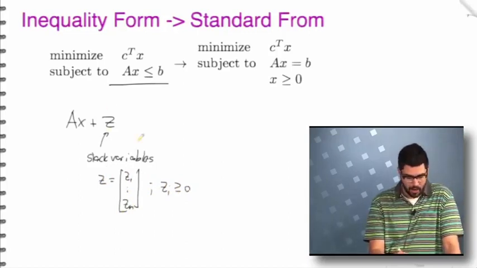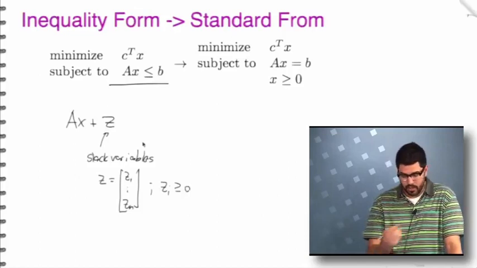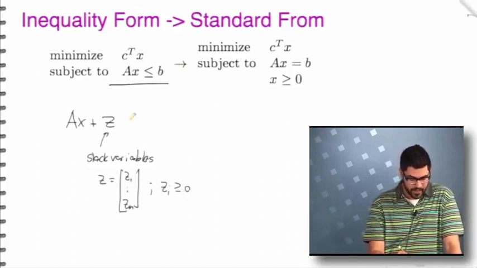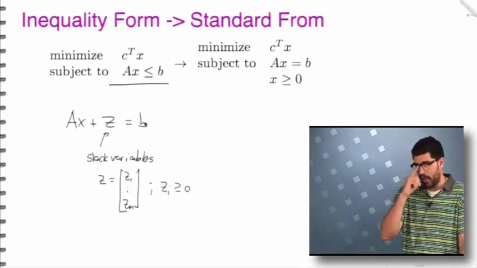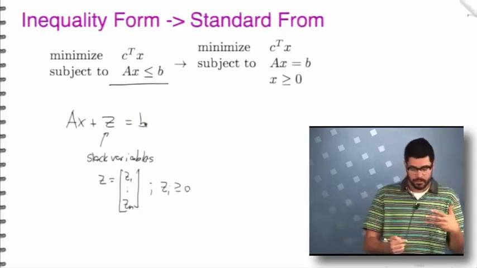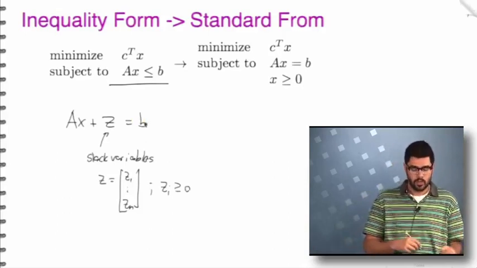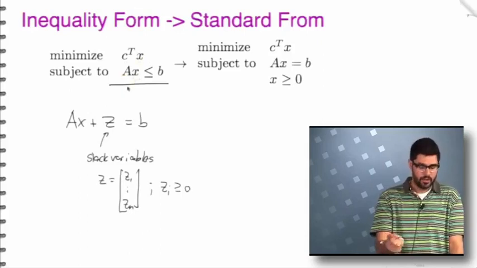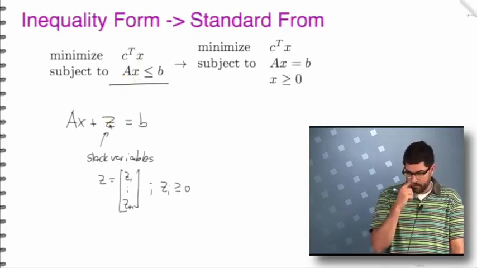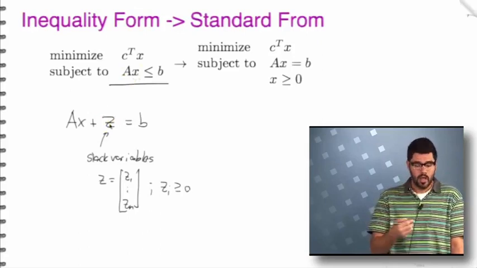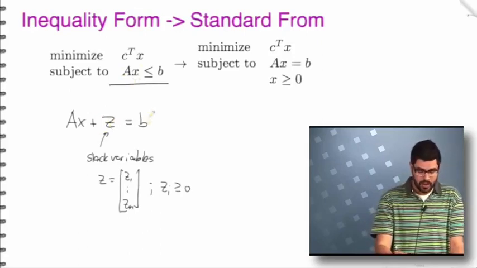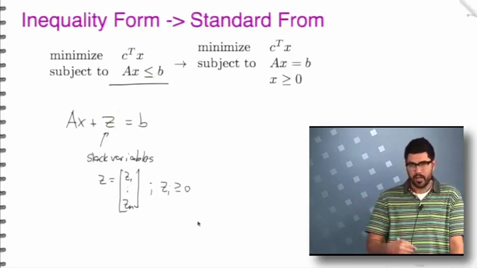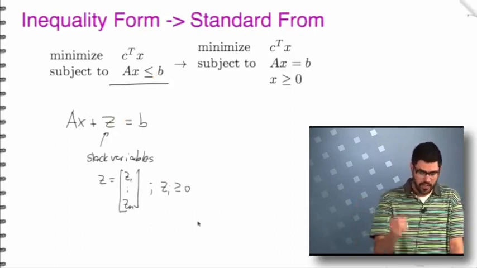If I add a positive value, then I can get equality. I think you could agree with that. Now the z's might be different depending on the problem, but if I've got slack, then if I add a positive constant, depending on how far away from b it is, this zi, I can add that value to get an equality.